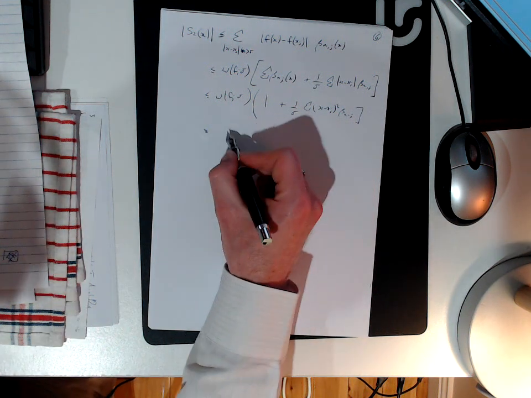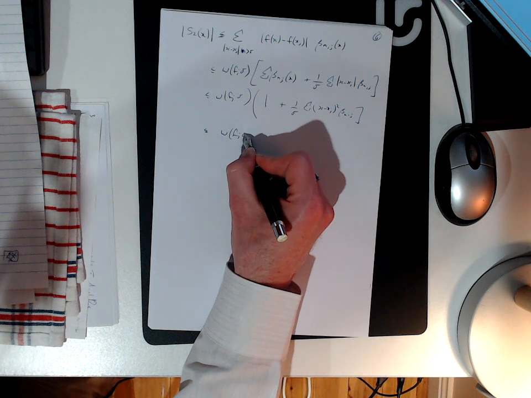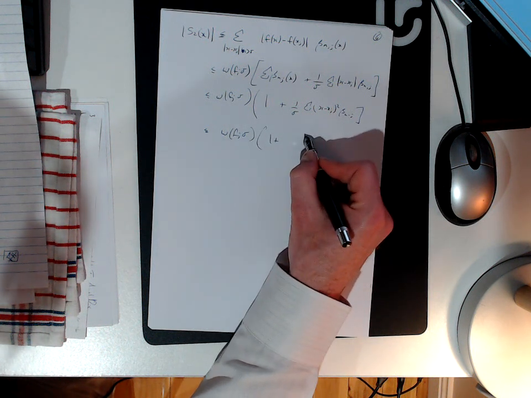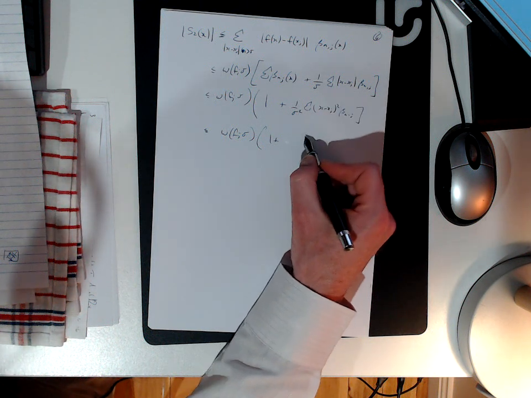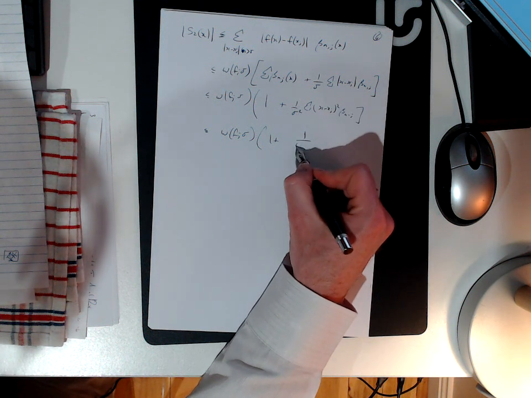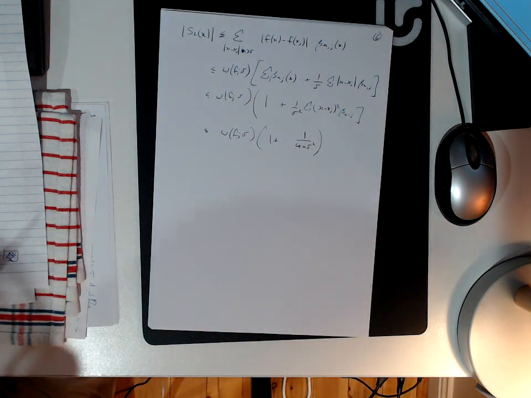This is going to be less than or equal to the modulus of continuity at delta times 1 plus, I put an extra square in to ensure that the square is the appropriate thing, 1 over 4n delta squared. Now why is that true?